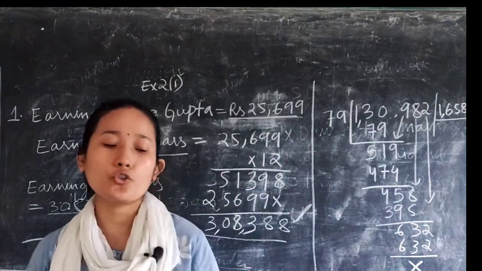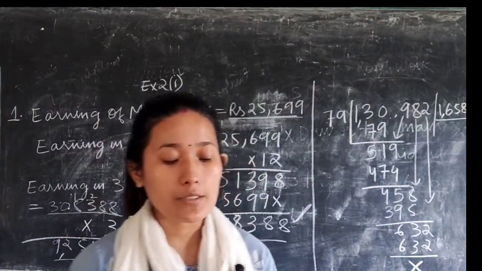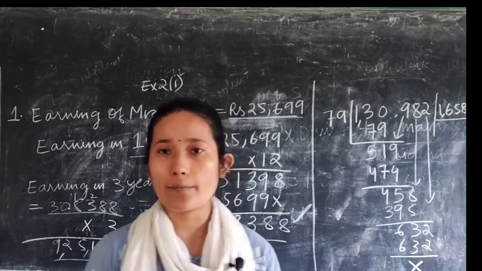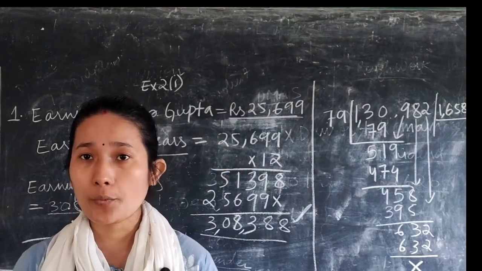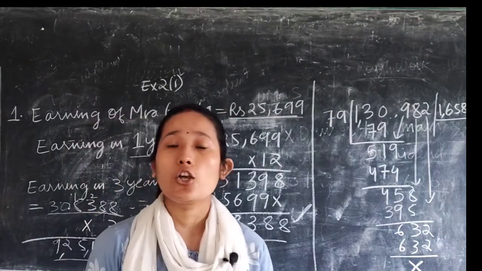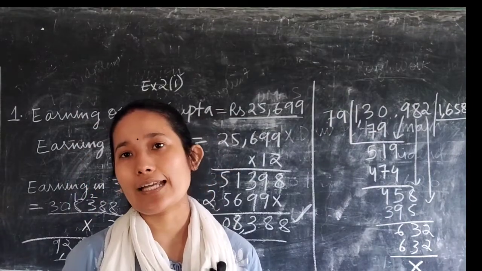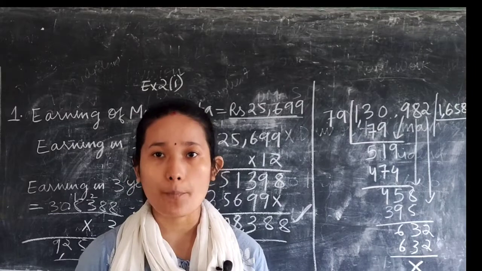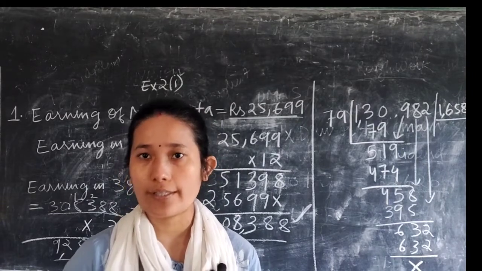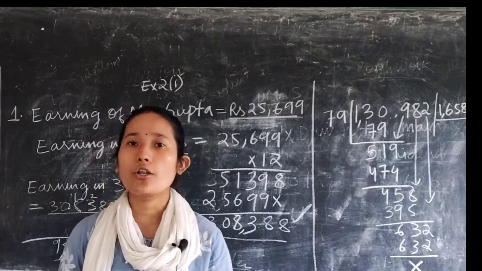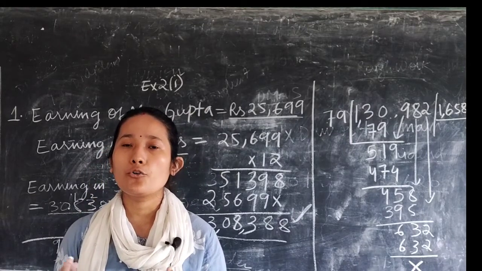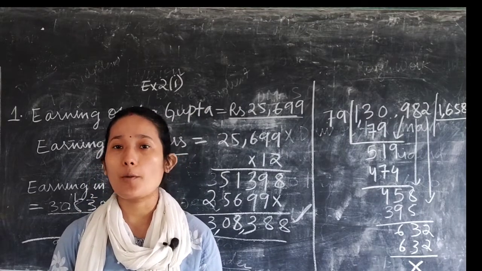So go through the other word problems from exercise 2I. I will send you the answers too. First you do it yourself and then you tally with the answer that I am sending. Do not directly copy it. Only then will you be able to do the word problems properly.